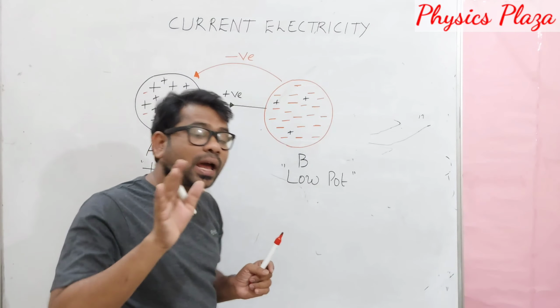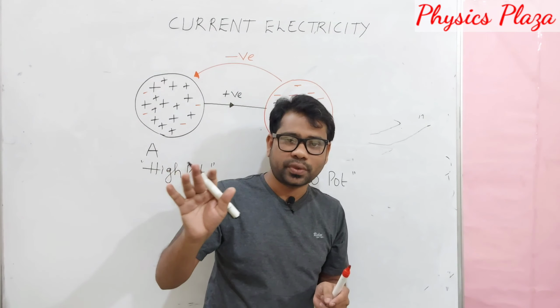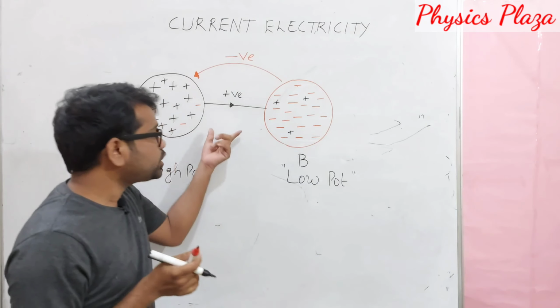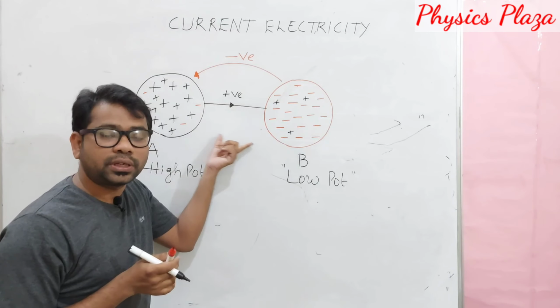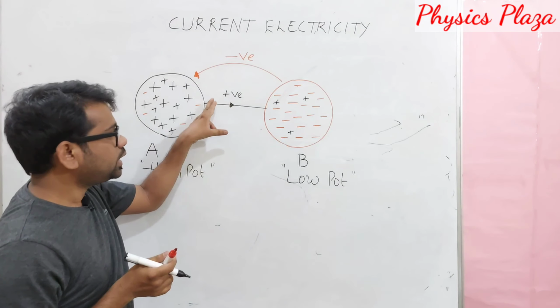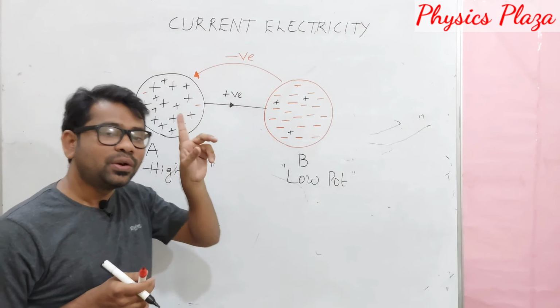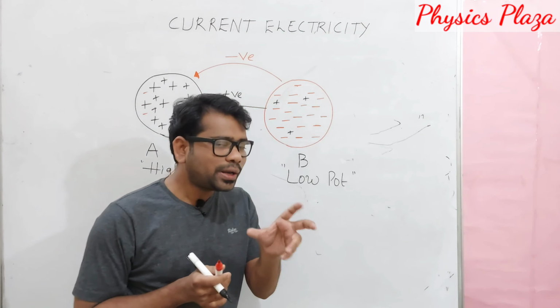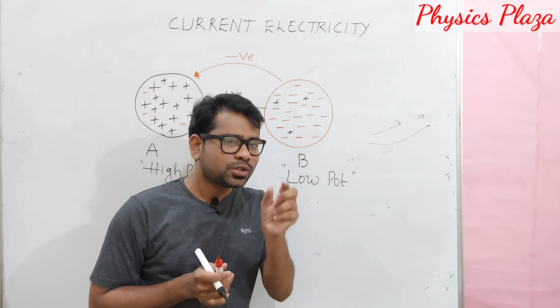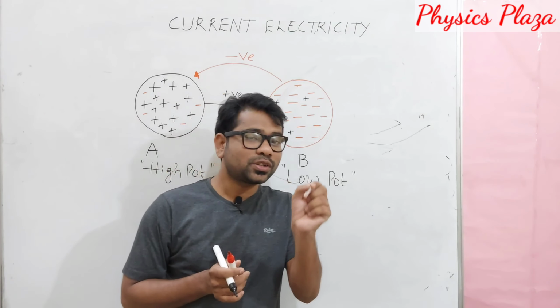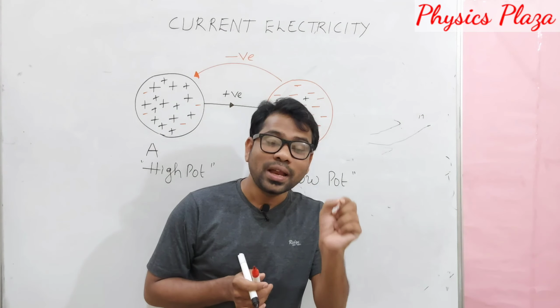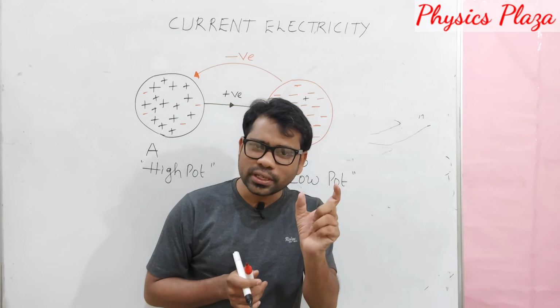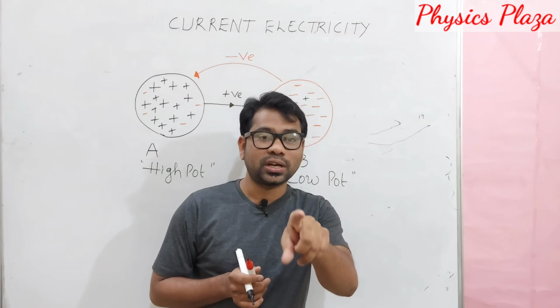So this is the conventional direction of current that we will consider as the direction of current. I repeat once again, the direction of conventional current, that is the direction of motion of positive charges, we can take as the direction of electric current. Then what about the direction of electrons, dear children? The direction of electrons is always opposite to the direction of current. Current means conventional current.